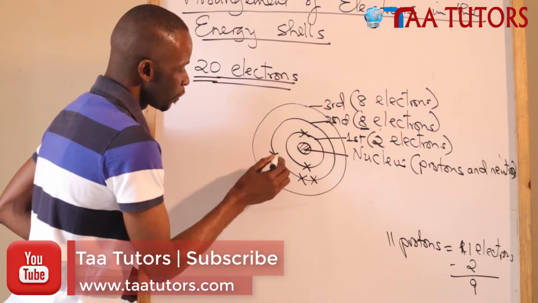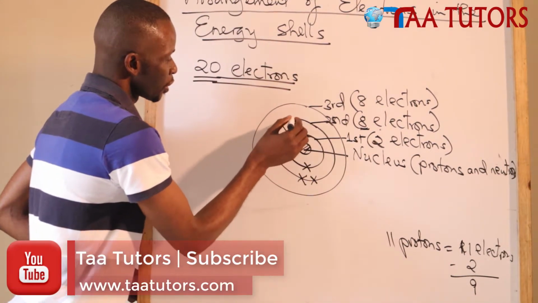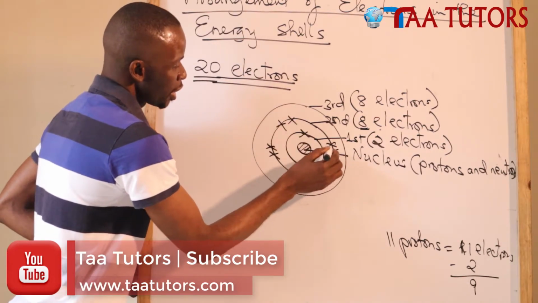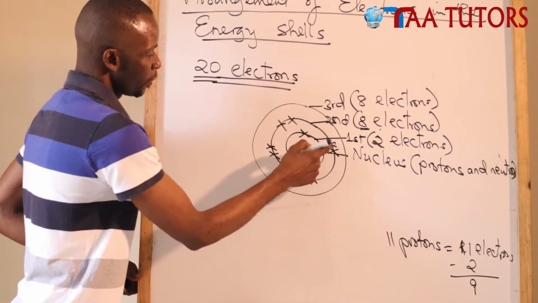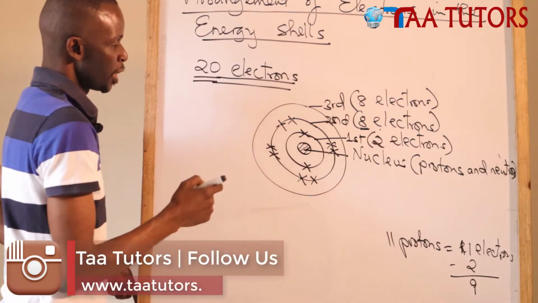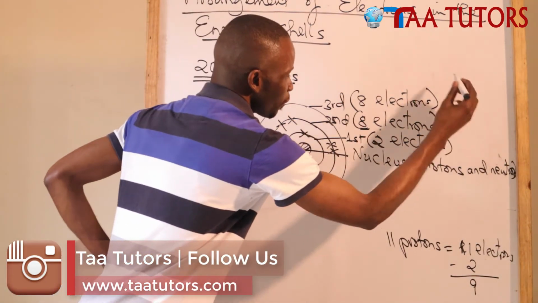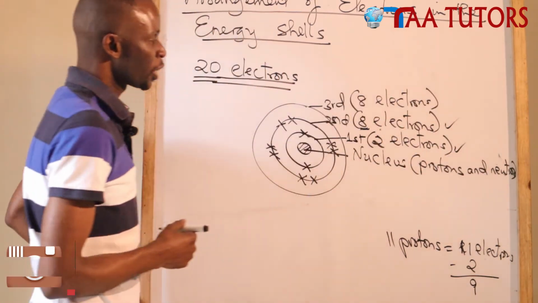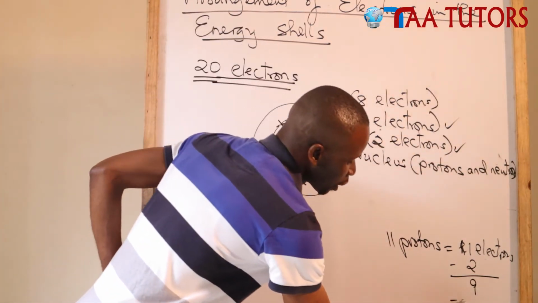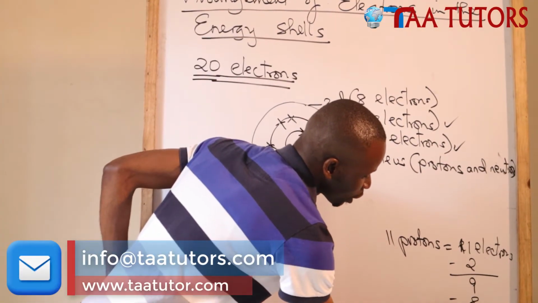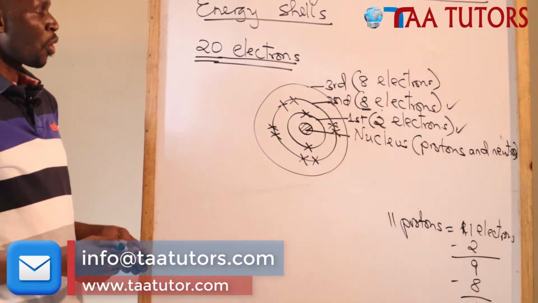1, 2, 3, 4, 5, 6, 7, 8. 8 are filled. The second energy shell is completely filled. The first is completely filled. So if I subtract 8 here, how many electrons are remaining? We are remaining with 1 electron only.